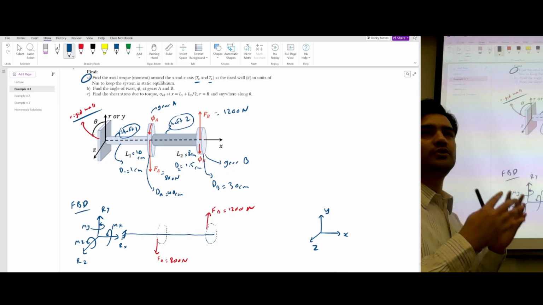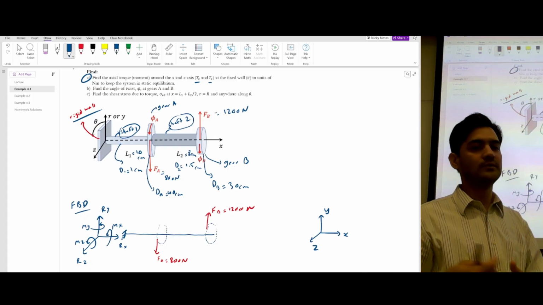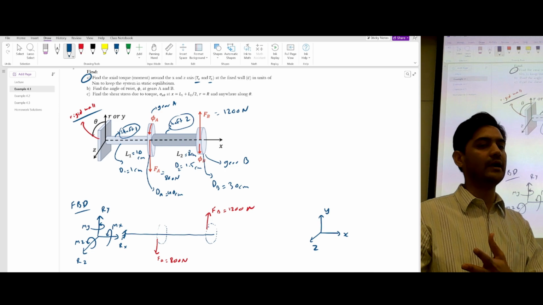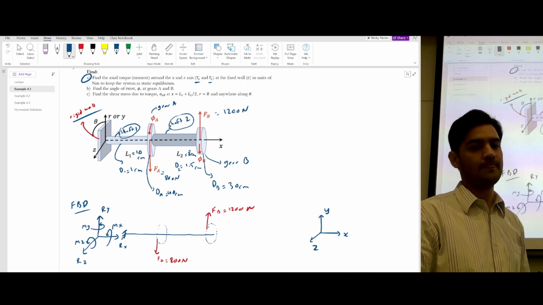So these are the total reaction loads you will see because of the applied loads. You have external loads which are shown in red, and you have reaction loads which are shown in blue.